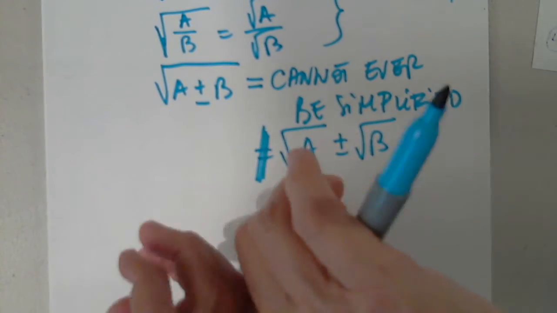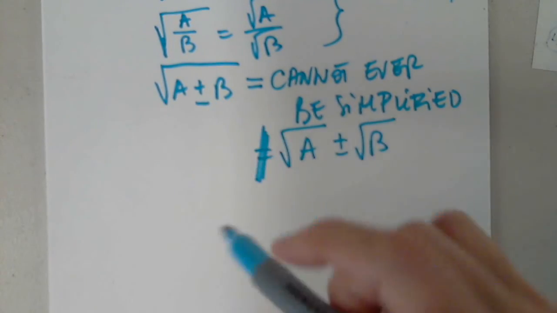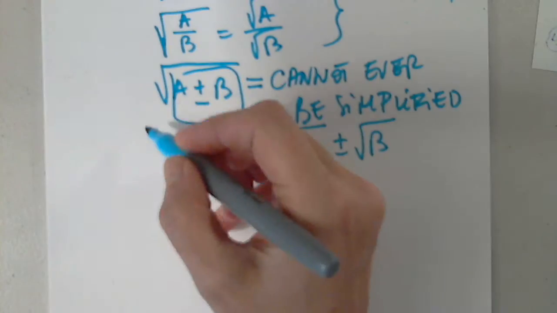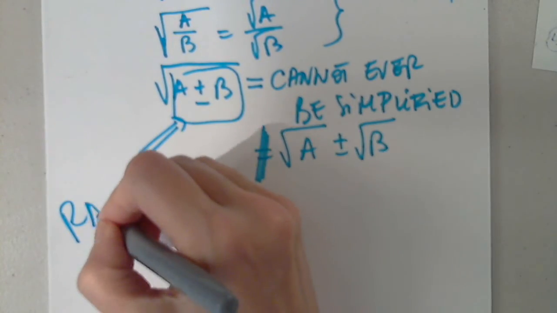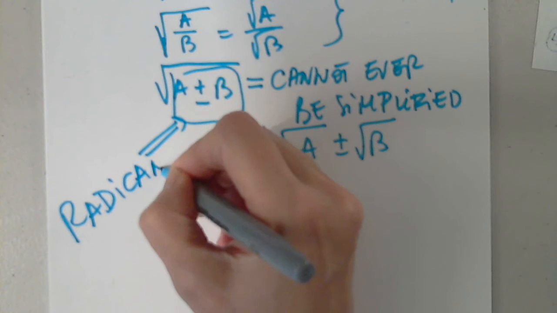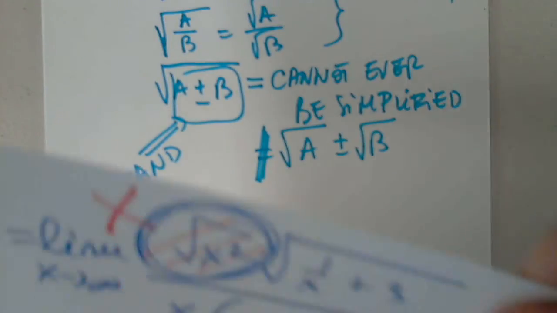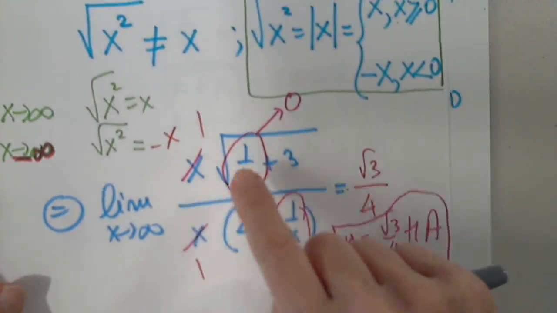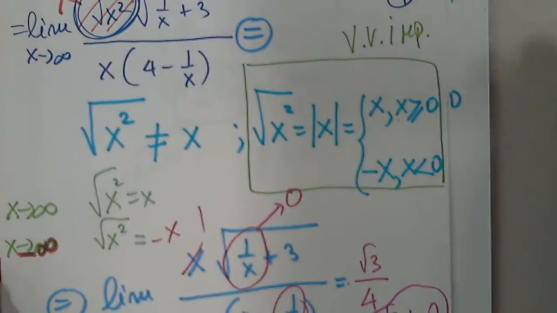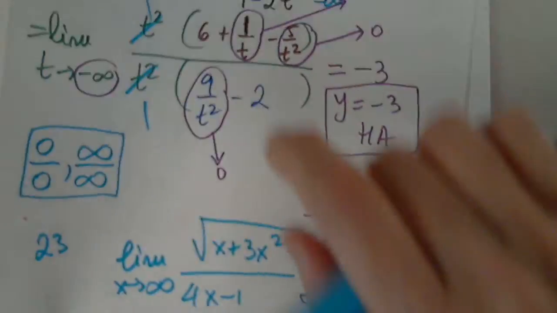But I can never break a radical if the radicand, this piece is called radicand, if the radicand is a sum or a difference of terms, it cannot be simplified. Maybe I can factor something, who knows? And we had that situation a few minutes ago, on the previous page, sorry.